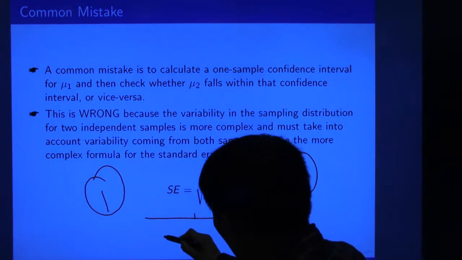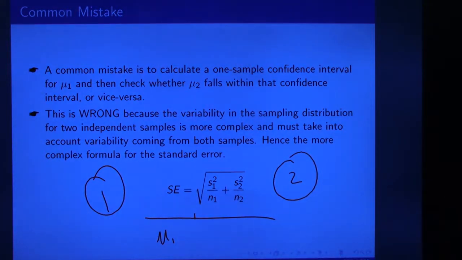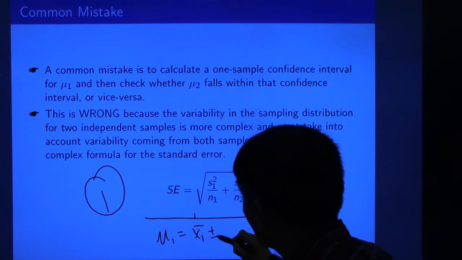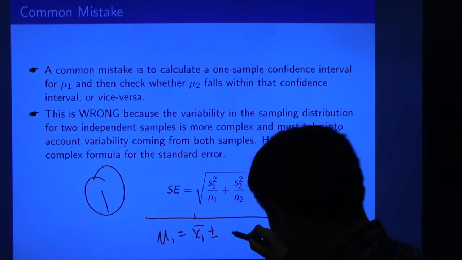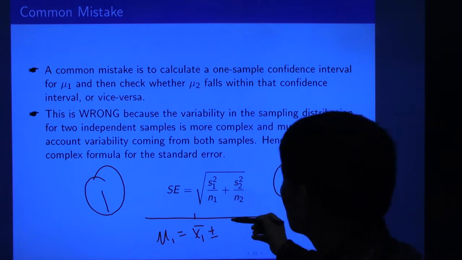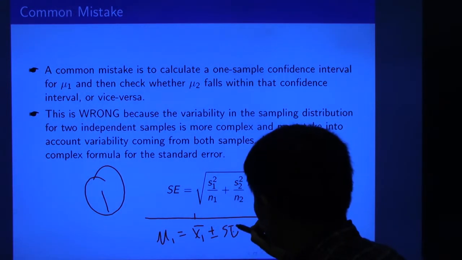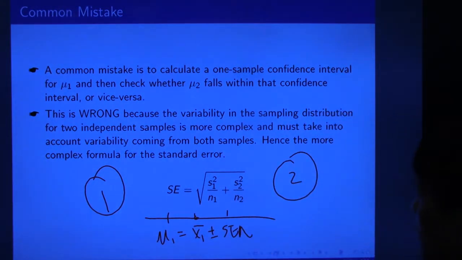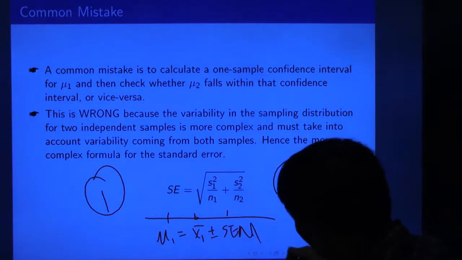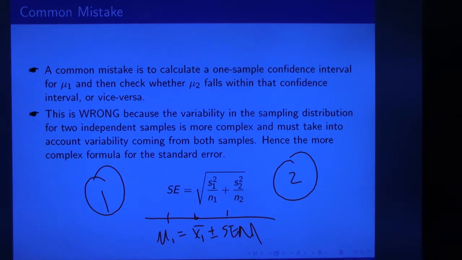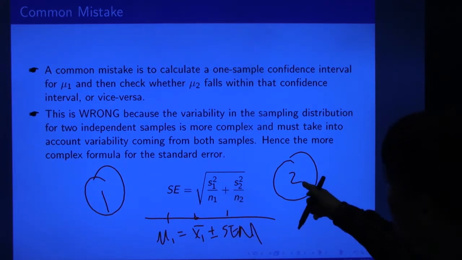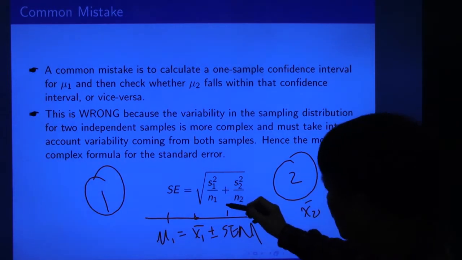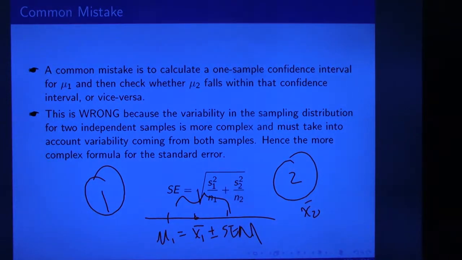And we approximate mu1 as x1 bar plus minus the t star or z star times the standard error, the SEM. Now we can compare this value x2 bar to see if it is within this range or not.